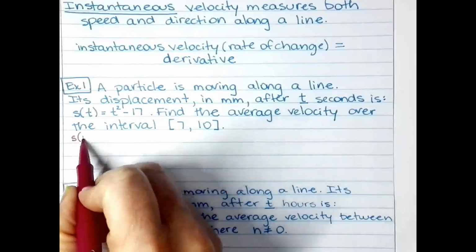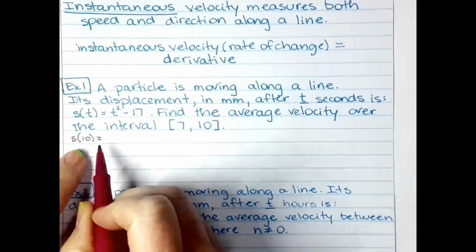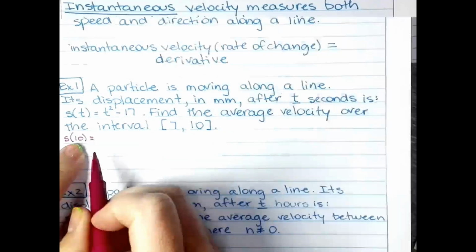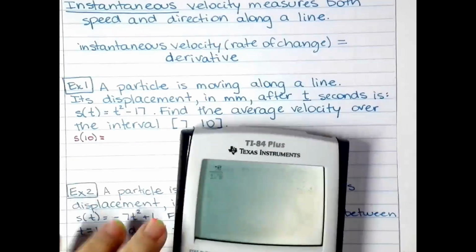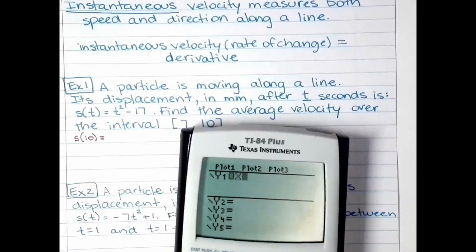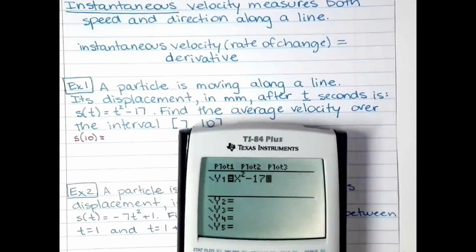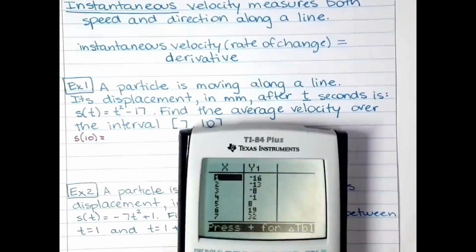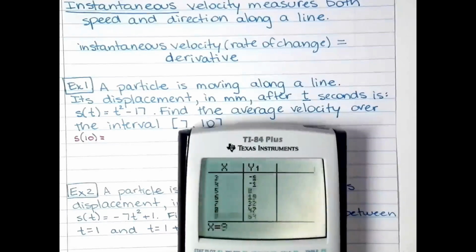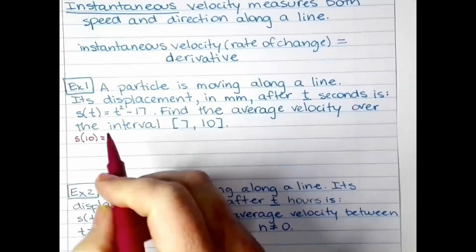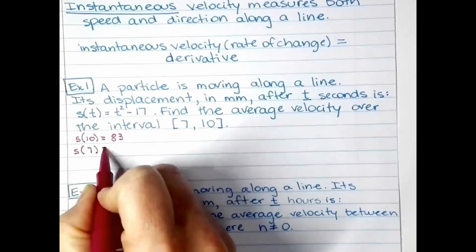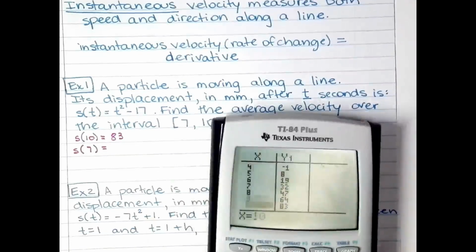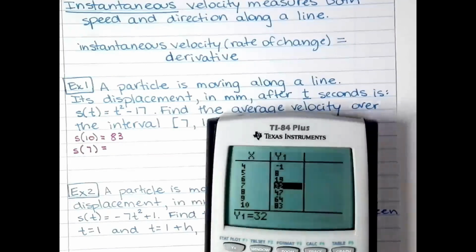Remember, what is y when x is 10? So x is 10, y is 83. And what is y when x is 7? Right there at 32.